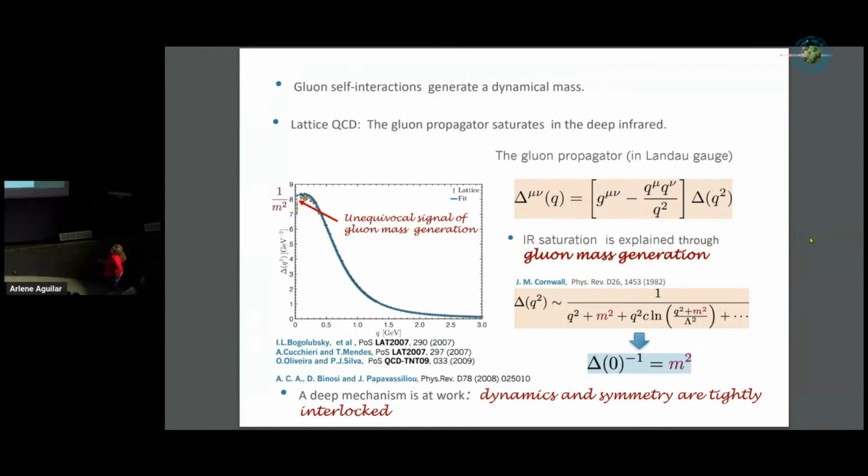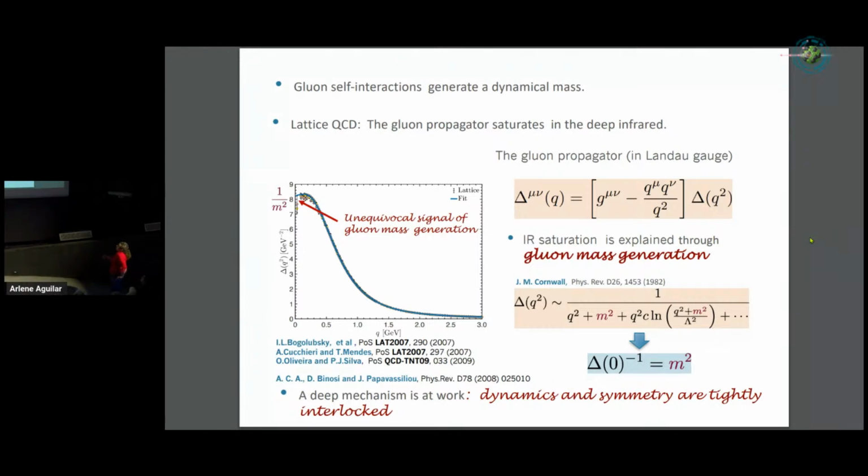And this evidence comes basically from lattice QCD. Basically, what you see is that the gluon propagator saturates in the deep infrared. So here you have the lattice data, and you see the saturation of the gluon propagator here in the infrared.